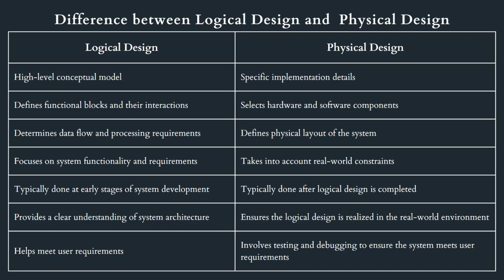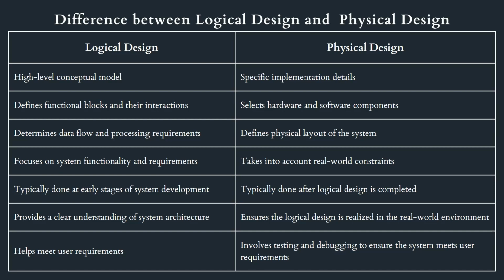So basically, in the logical design of IoT, we'll be focusing on how the data will be collected from sensors, how the data will be passed through the different components in the IoT system, and how it will be forwarded to the customer through the user interface, right?